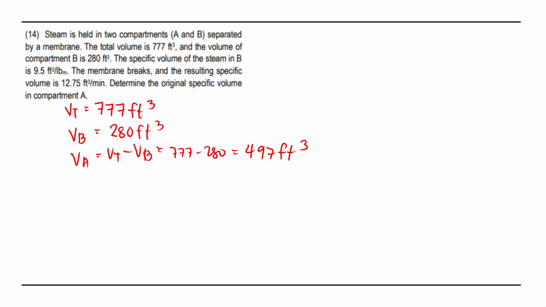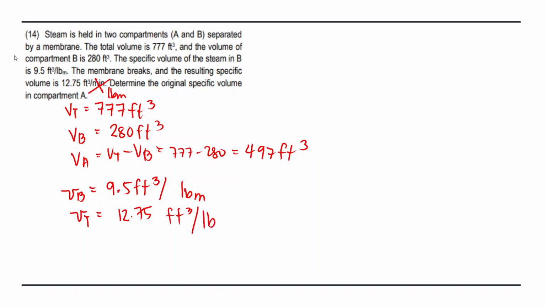Okay, next, specific volume of B is 9.5 feet cube per pound mass. And when the membrane broke, the total specific volume is 12.75. The unit is wrong, it should be pound mass, so feet cube per pound mass.